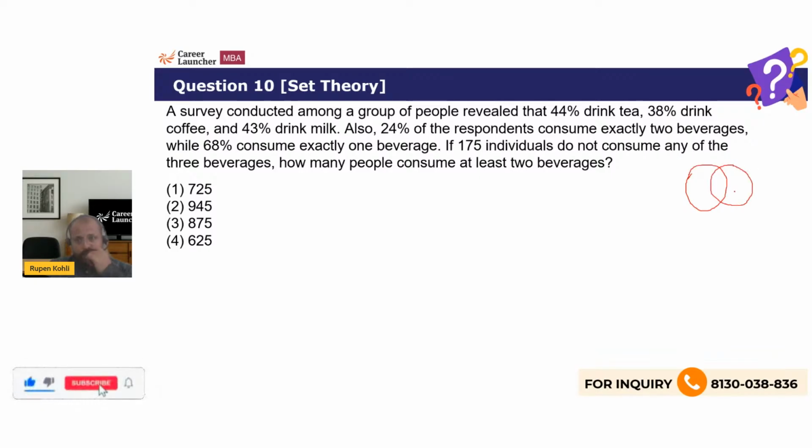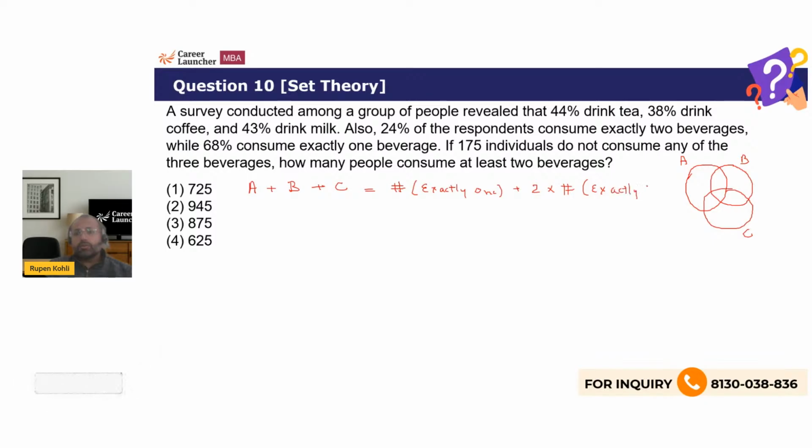If these are your 3 groups A, B, C in your standard Venn diagram, then you have this result which always works: A plus B plus C equals the number of people who belong to exactly one group, plus twice the number of people who belong to exactly 2 groups, plus thrice the number of people who belong to all the 3 groups, right?